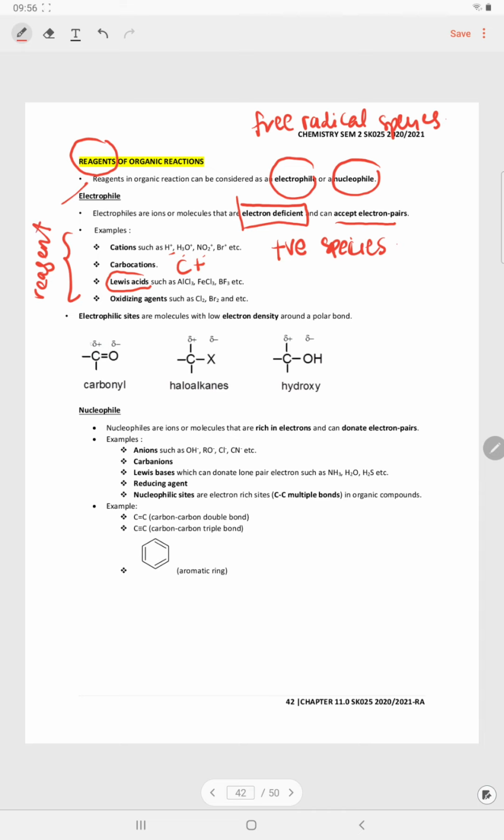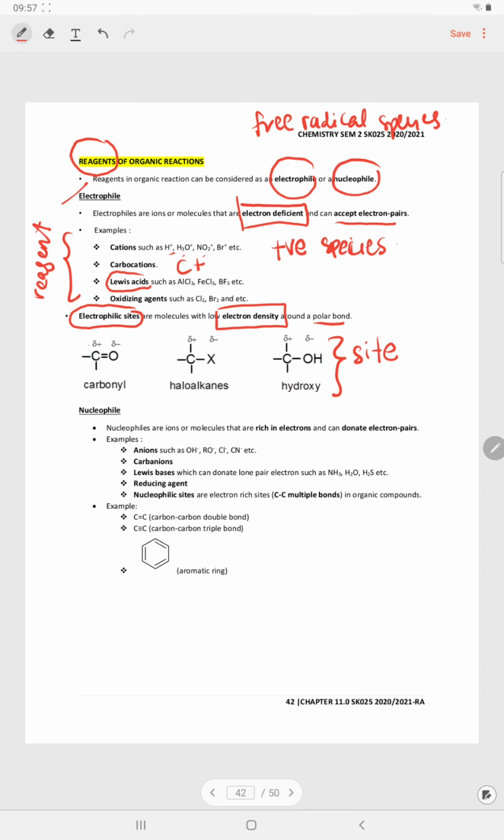Okay, while this is an example of a site of a chemical reaction. If the site of chemical reaction is an electrophile site, it means these sites must have lower electron density. So it must be considered according to the polar bond.